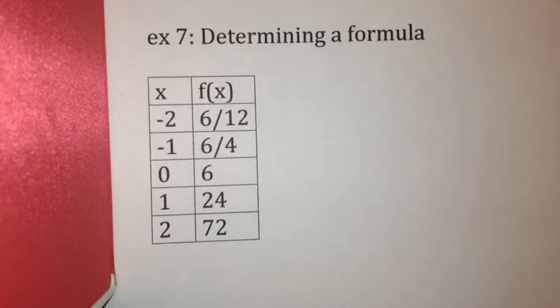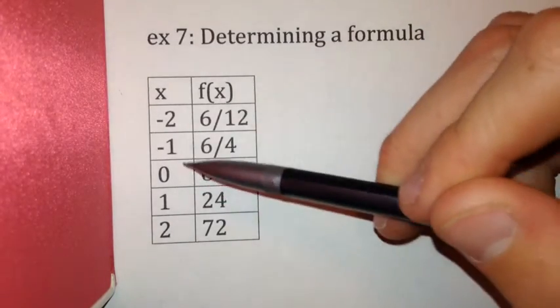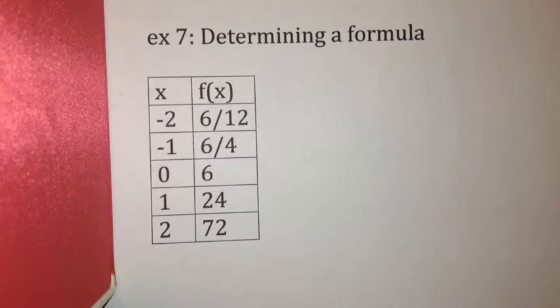So we're finally there. We're finally at example 7, the final example. But this is a little different concept. So this is determining a formula given the x and f of x or y coordinates. So basically you have your basic coordinates in the x, negative 2, negative 1, 0, 1, 2.